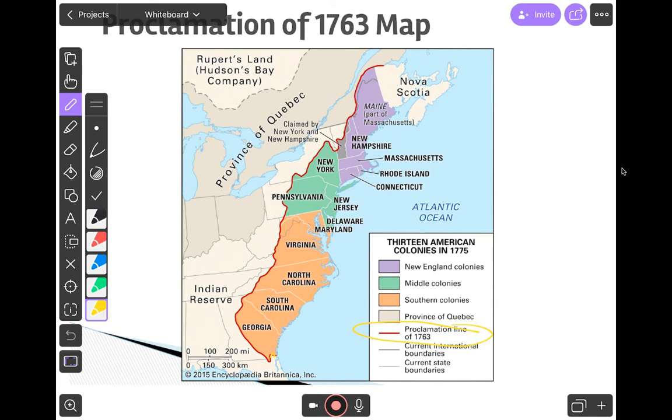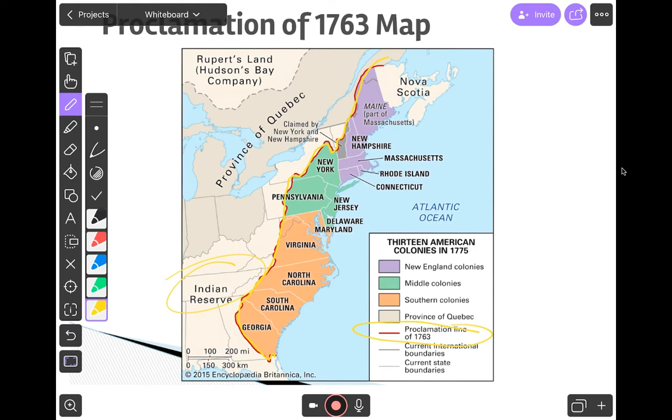I'm going to draw over it with the yellow. This line bans the movement of colonists, and it reserves this land for the Native Americans. So the British create this line, and this is a hard boundary now that colonists are not allowed to move across. And once again, colonists are angered by this limiting action.